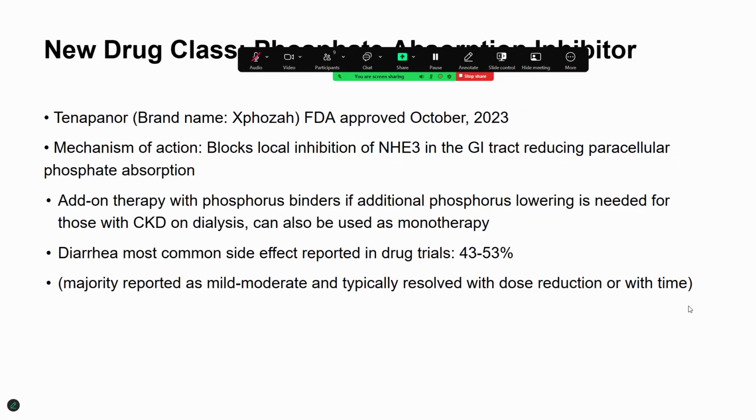The new drug class is the phosphate absorption inhibitor, tenapanor. I think Anna had some recent educational dinners on Xphozah. This one is different. It's not considered a binder. It actually works in the GI tract.